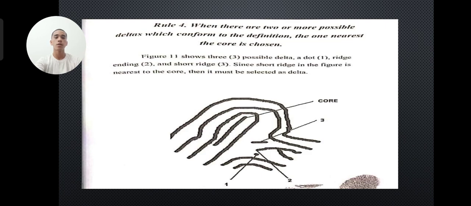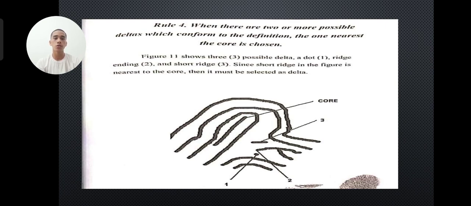So, diri sa rule number 4, makita nato nga naay dot, short ridge, ridge ending. So, diri sa rule number 4, ang pilion nato nga delta is ang katuang closer sa core.